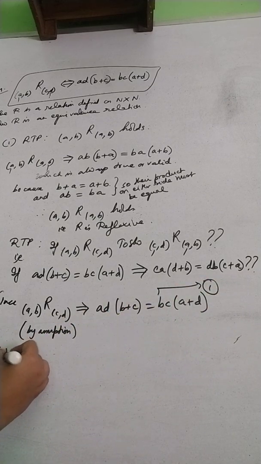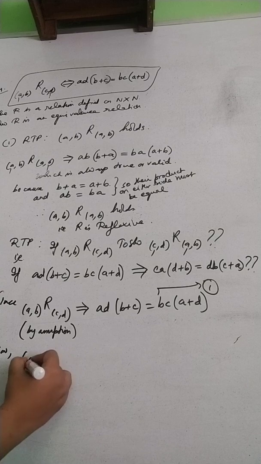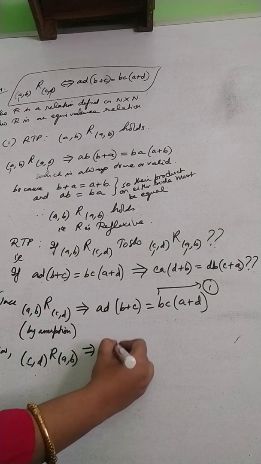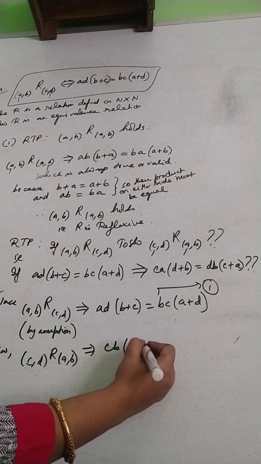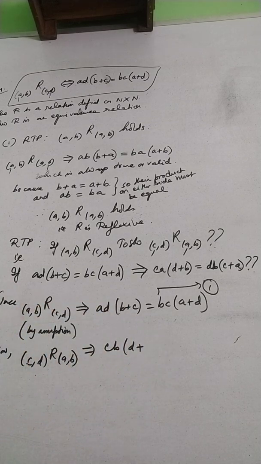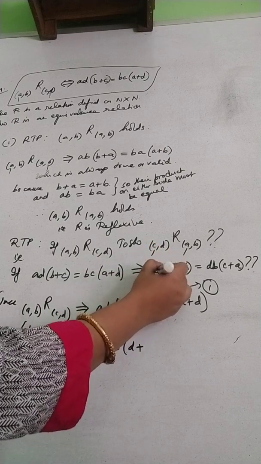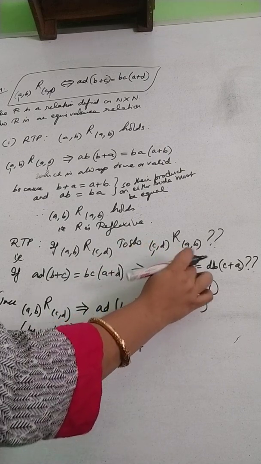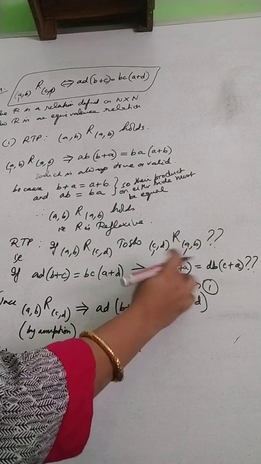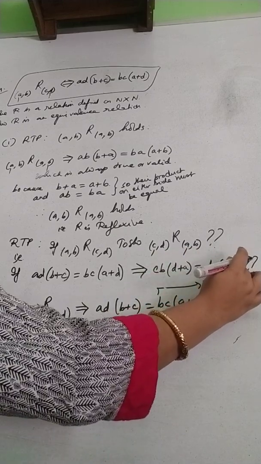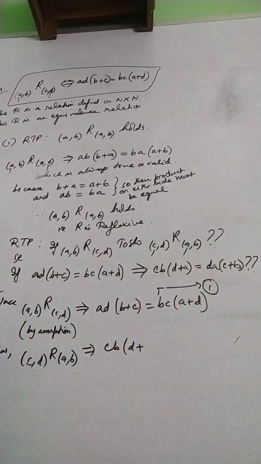Now, when I write CD is related to AB, it implies that CB into D plus A, I've already written over there. What did I write? CB into C, wait 1 minute, I wrote wrong over here. CB into D plus A is equal to, now the reverse, DA into C plus B. Be very careful, okay?